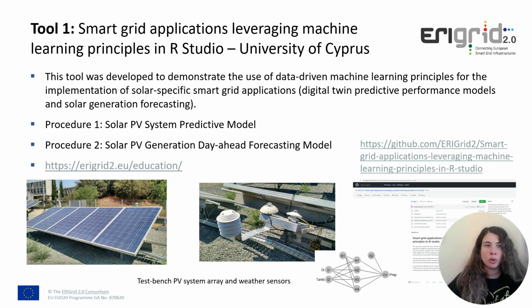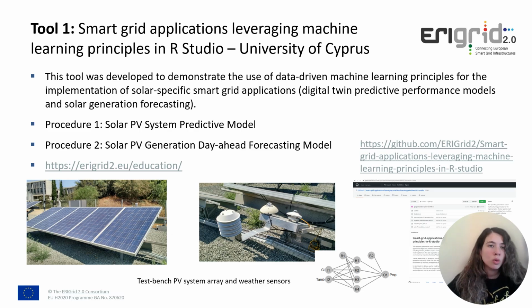The first tool, named Smart Grid Applications, leveraging machine learning principles in RStudio, was developed by the University of Cyprus. This tool was developed to demonstrate the use of data-driven machine learning principles for the implementation of solar-specific smart grid applications, digital twin predictive performance models, and solar generation forecasting.